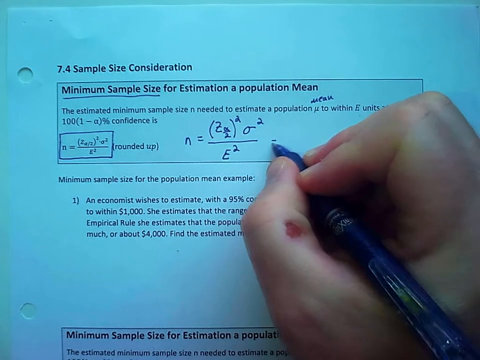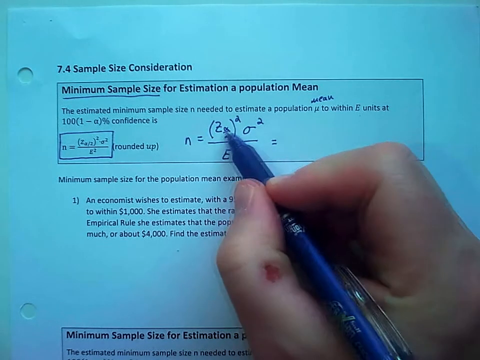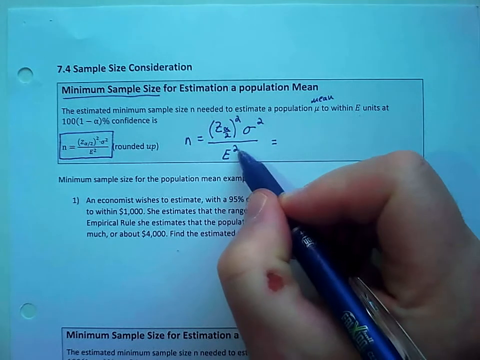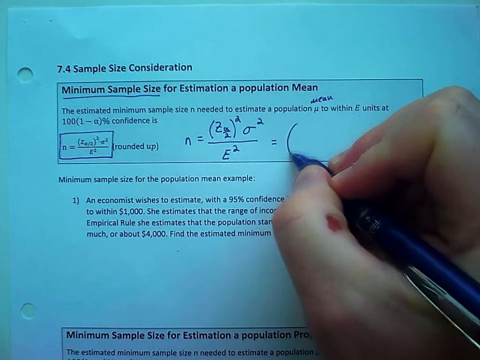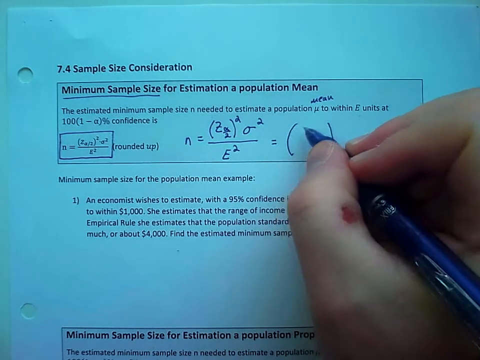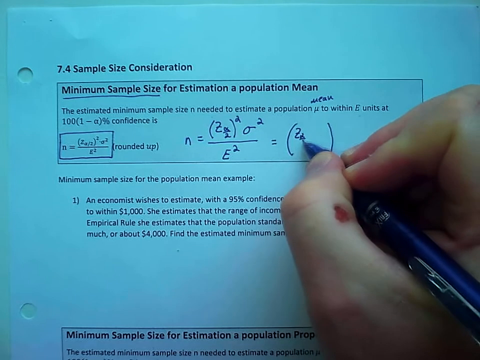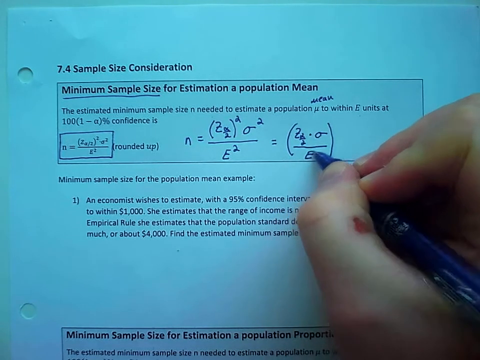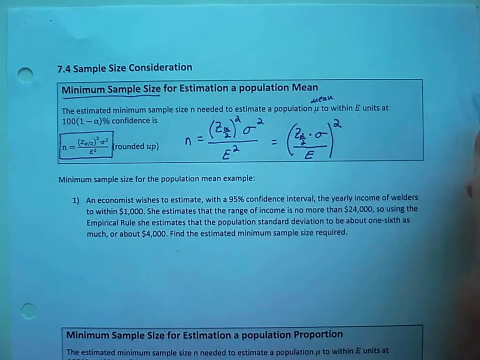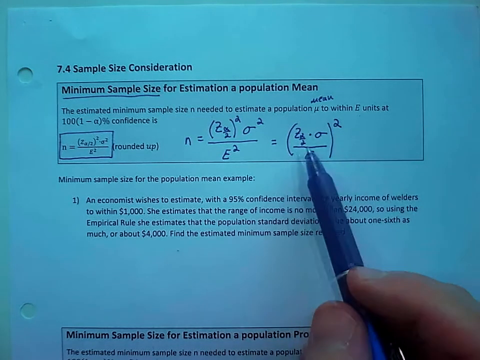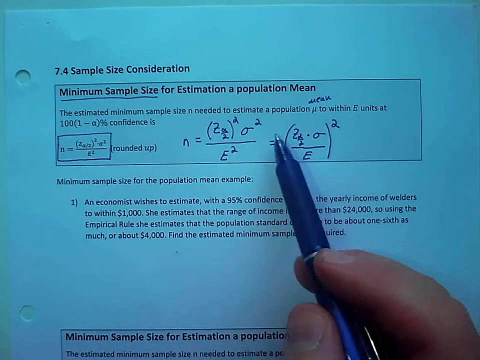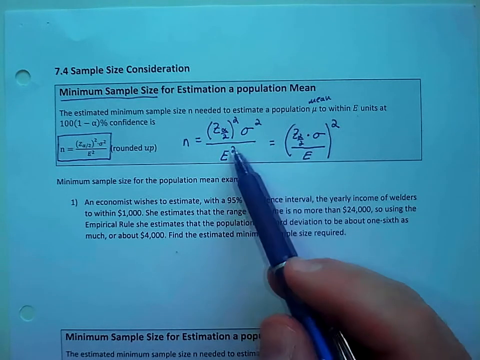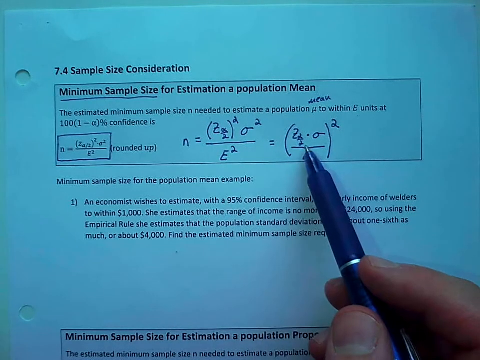But we can also write this as, since these two things are multiplied together in the numerator, and this is the only thing in the denominator, z sub alpha divided by 2 times sigma divided by e, and then this whole quantity squared. We could use either one of these two formulas. They are algebraically equivalent.